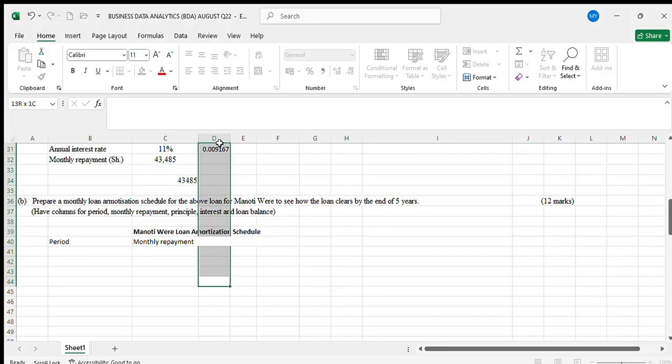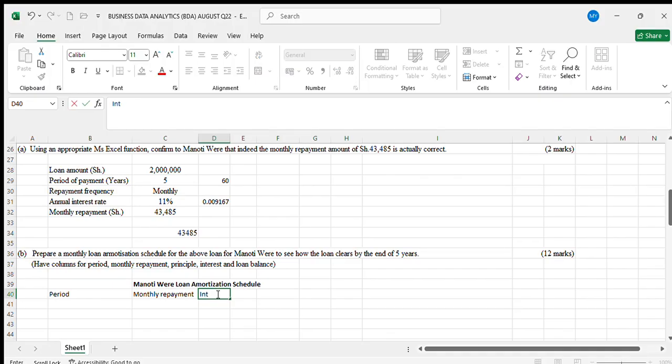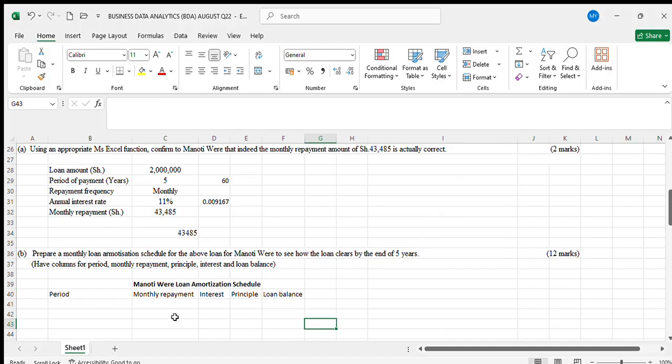Then we can take the interest, another column for principal, and then we can finish with the loan balance. Yes, and we can extend those columns so that they're clear.